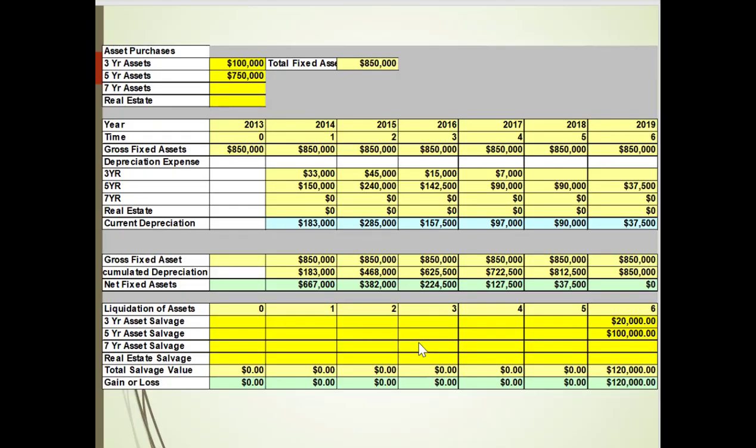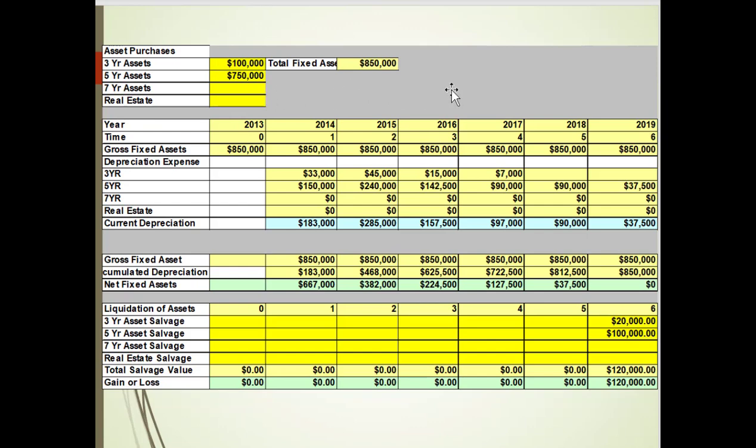Now, we haven't gotten into a lot of detail about how this depreciation works. You should have had some flavor of that when you were in your accounting courses. But again, we can put up our assets here. Here's 100,000 is our 3-year asset, 5-year asset, $750,000.